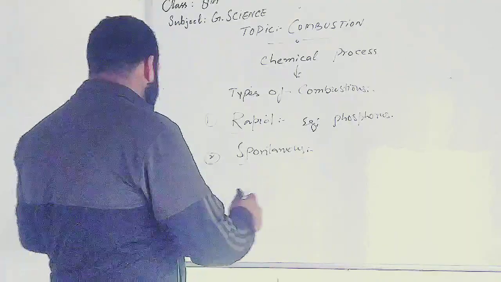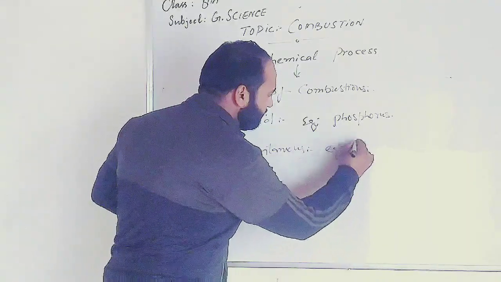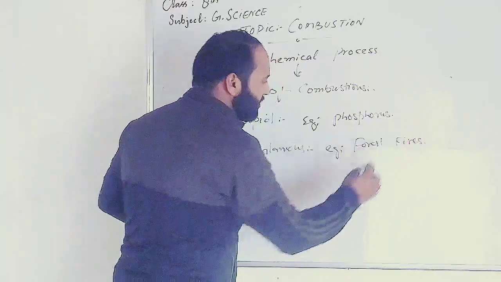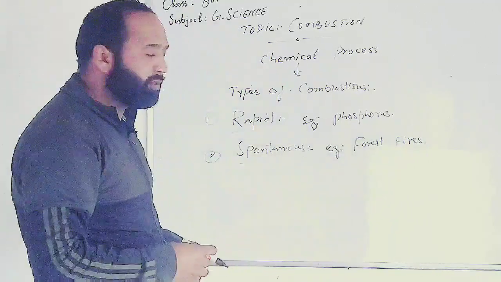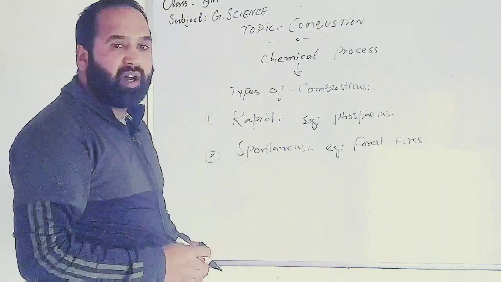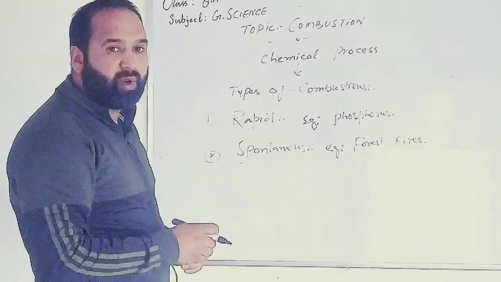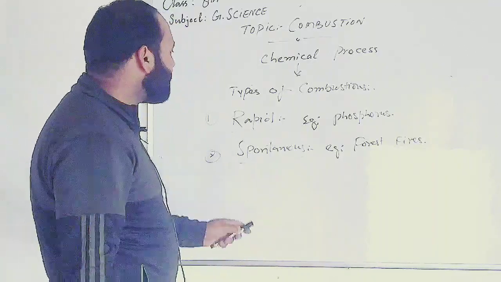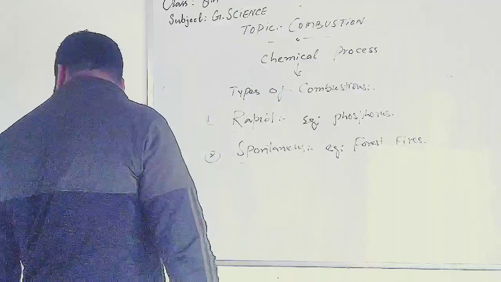For example, we have forest fires. Sometimes forests catch fire spontaneously without any cause. Or we have coal dust that's produced in the coal mines, which also catches fire spontaneously. And these are the different types of combustion.